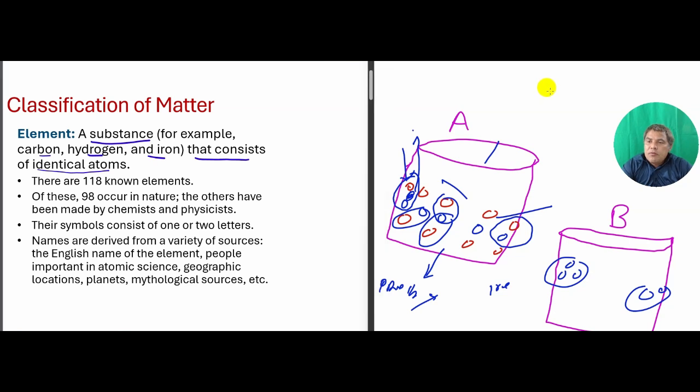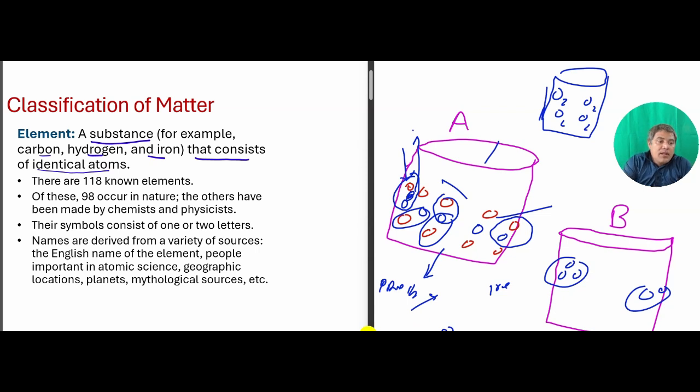For example, if you have a glass of oxygen, you will have O2 here, O2 here, O2 here, the same type of elements, the same type of identical atoms. This is oxygen, this is oxygen, these two are identical. So such things are said to be an element.